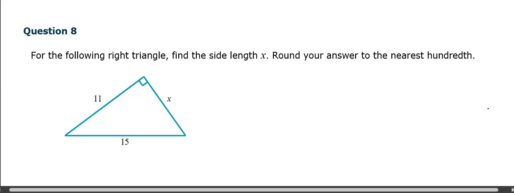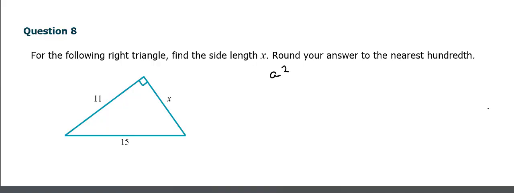Another practice problem using the Pythagorean theorem. So we know, again, a squared plus b squared equals c squared. I find my right angle, and the side opposite is my hypotenuse.